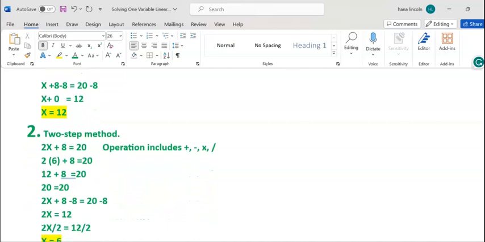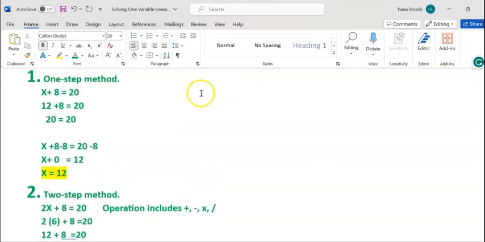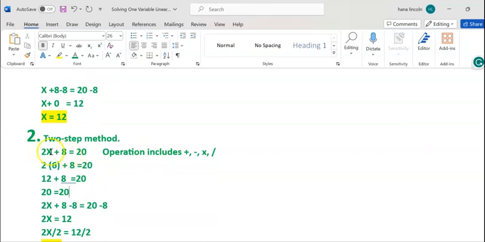I just want to explain one point to you: if there is any number in a linear equation that's attached next to x, as is here in the second question, any value attached to x, when you see that, we're going to use the two-step method, okay?